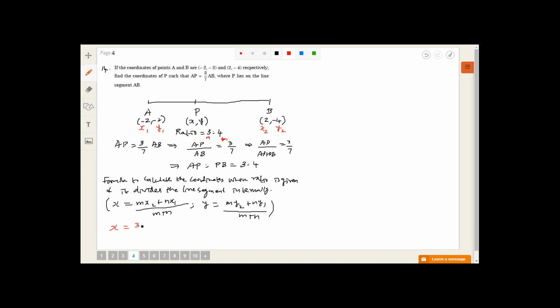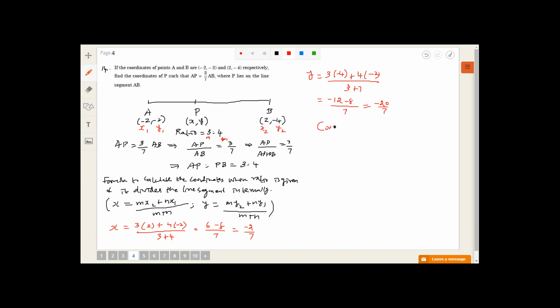So substituting the value, we get 3 into 2 plus 4 into -2 divided by 3 plus 4, that is equal to 6 minus 8 by 7, which is nothing but -2 by 7, and y will be equal to 3 into -4 plus 4 into 2 divided by 3 plus 4, that gives us -12 plus 8 by 7, which is equal to -4 by 7.